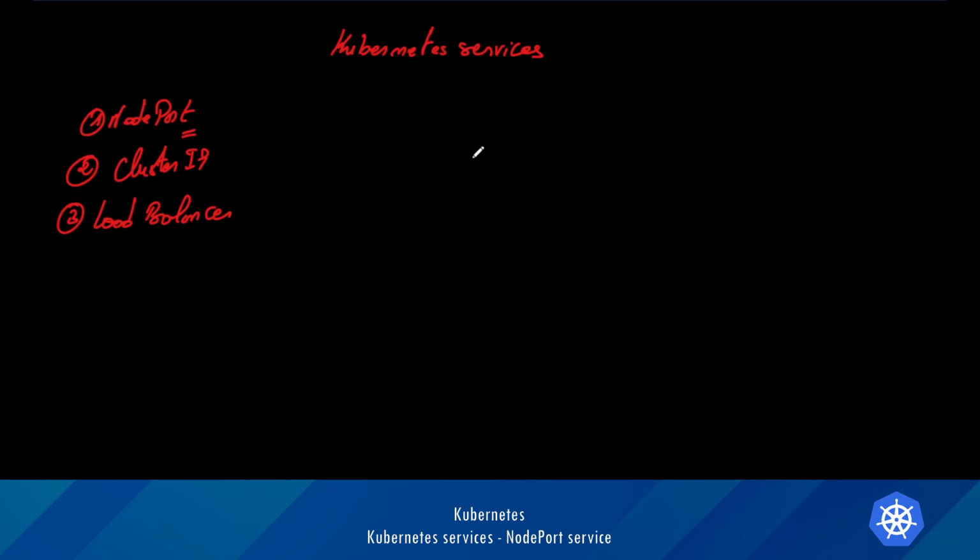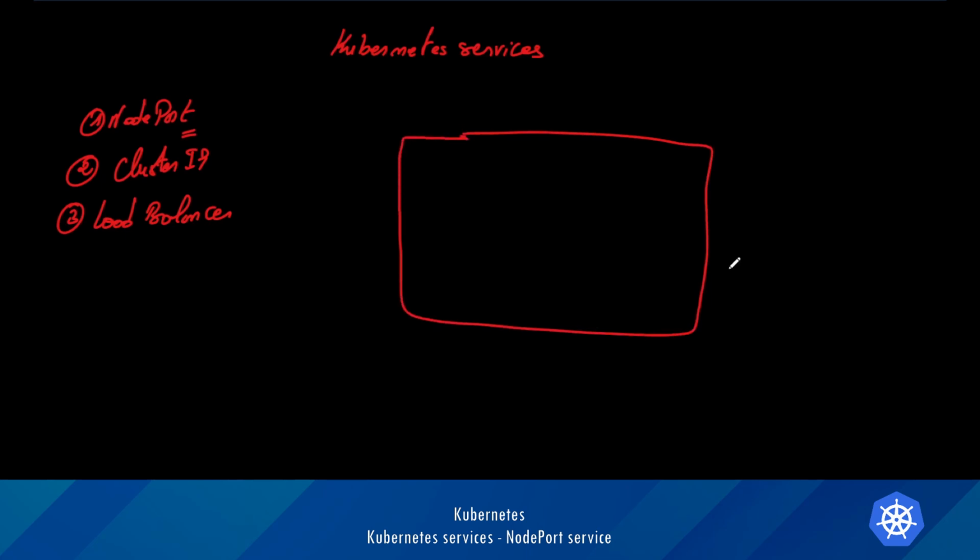For example, if we have here a worker node, and we have our application running inside the pod on this worker node, we can use the NodePort service to enable our external users to access our application running on this pod on this worker node.